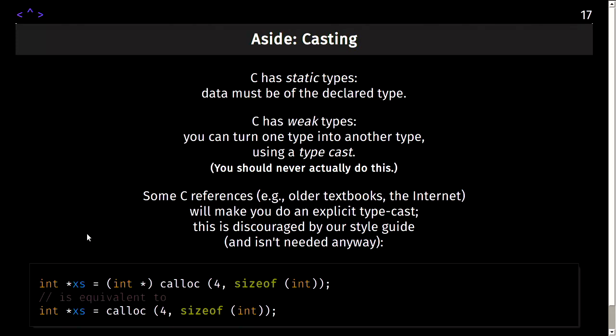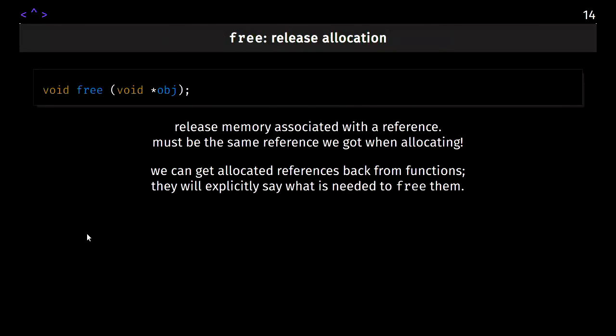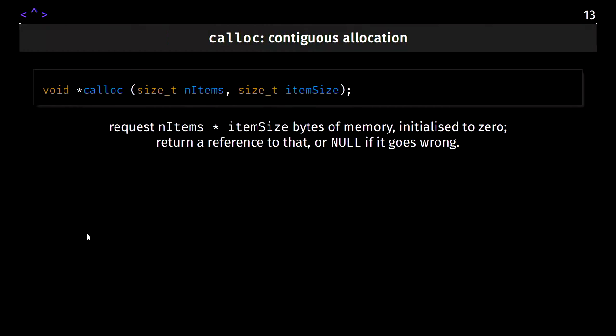Now, some of you who remember there will have spotted, in fact I'll show you, the type signatures of calloc and malloc. And they look very similar. You give them some numbers in, and they give you a reference. What type of reference? A reference of type void. And we've seen void before. It's the value for where there just isn't a value. So how can I have a reference to that?